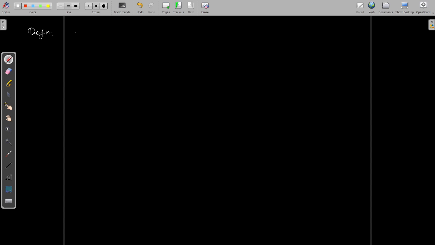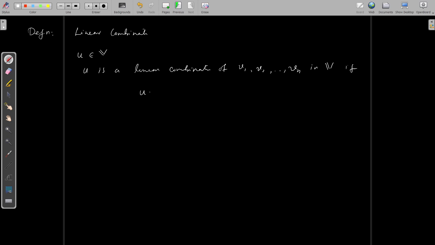Next we have the definition of linear combination. Suppose u is a vector in the vector space V. We say that u is a linear combination of elements v1, v2, etc., vn in V if u can be written as d1 times v1 plus d2 times v2 plus etc. plus dn times vn, for some scalars d1, ..., dn.